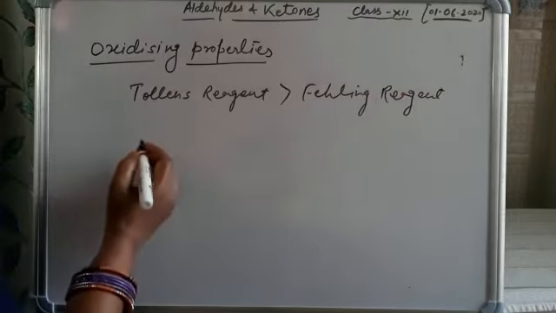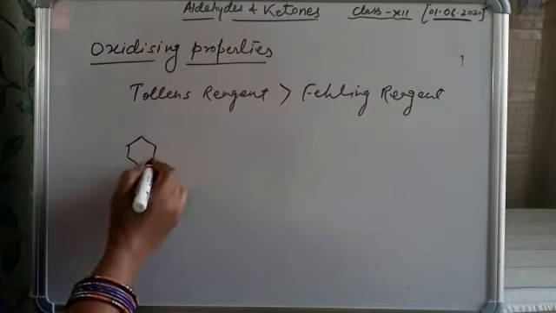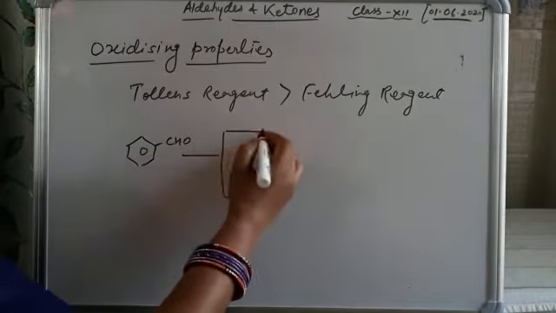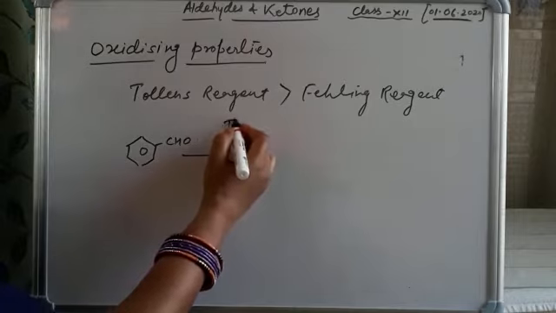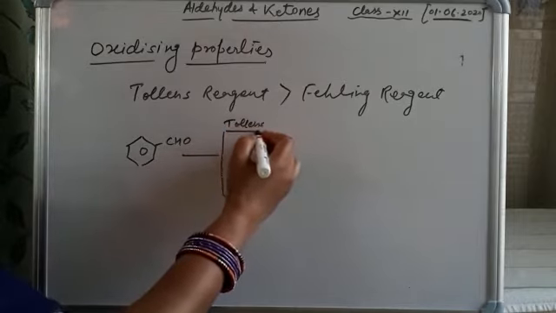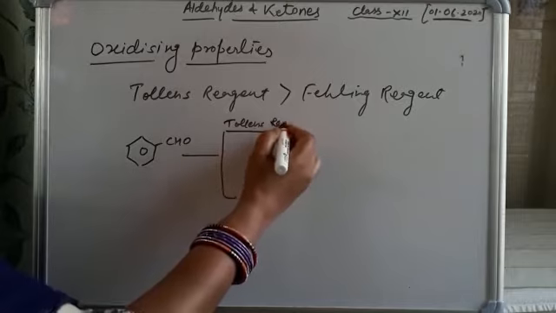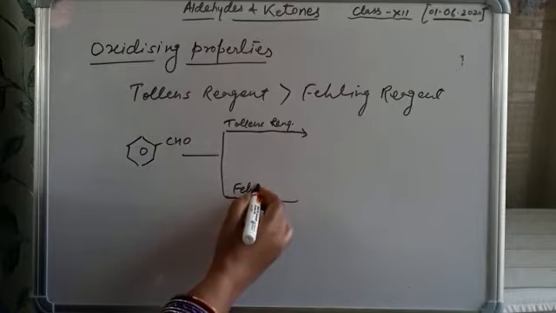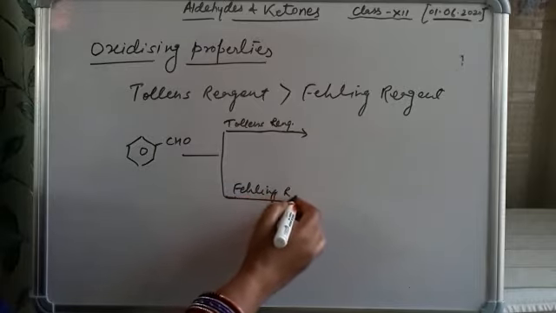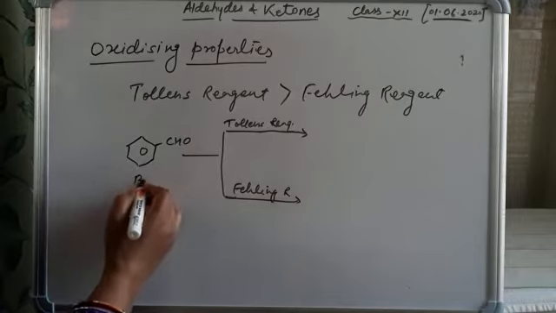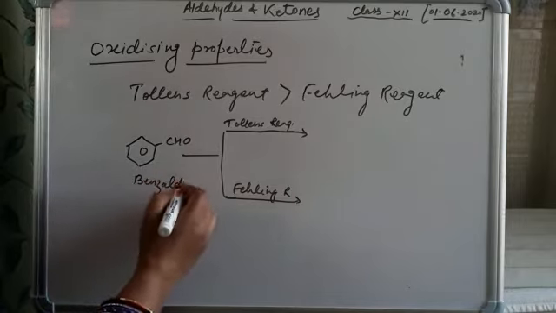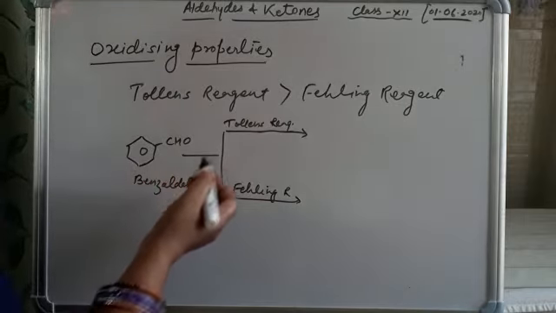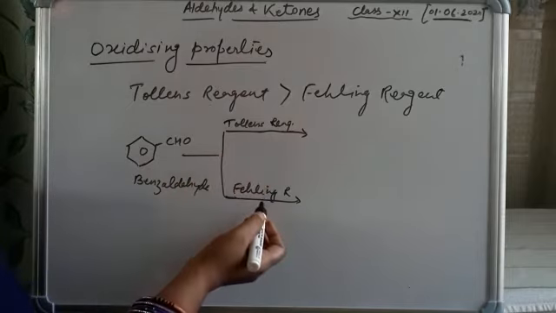So if we have benzaldehyde and we take Tollens reagent and Fehling reagent, when benzaldehyde is treated with these two reagents, is it oxidized with Tollens reagent or Fehling reagent?